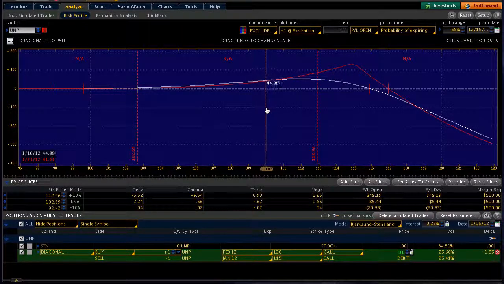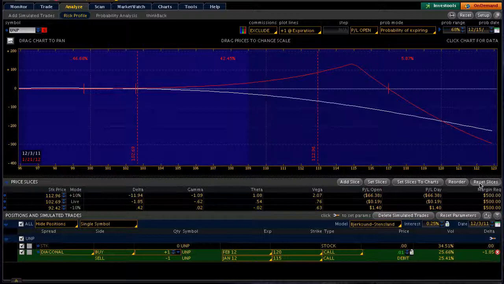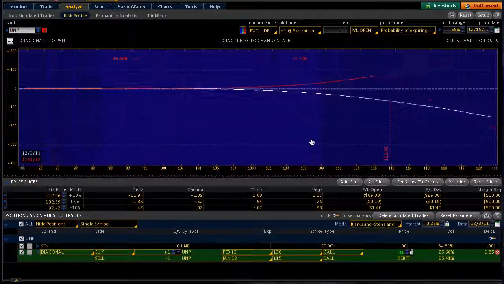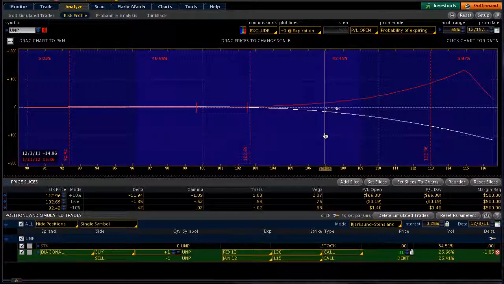Let's say we're at 110. That's a positive theta position. Of course, right now we're at negative 62 cents, but let's go ahead and reset these slices. So that is the trade, a diagonal.